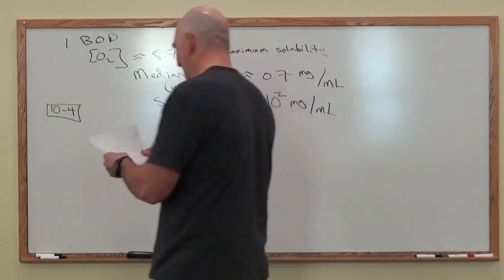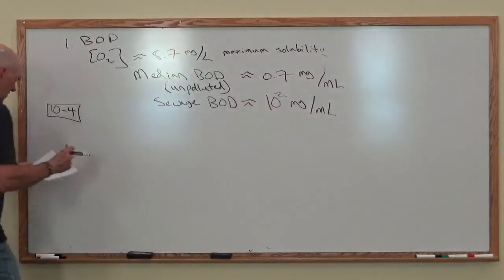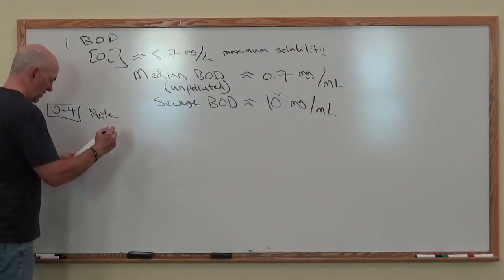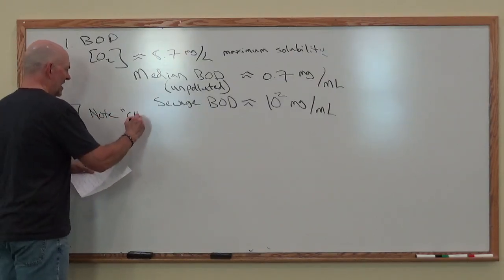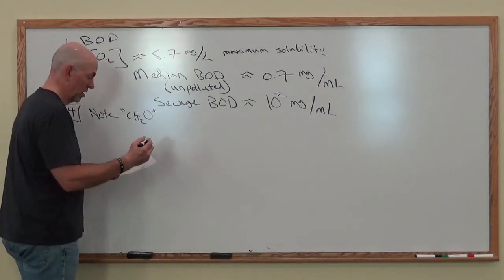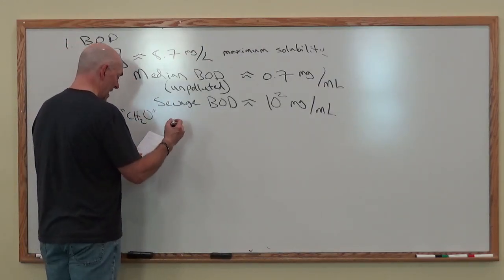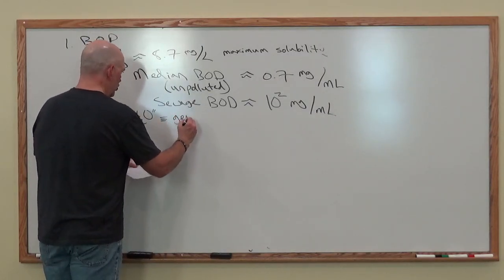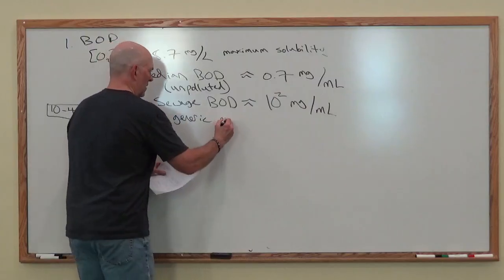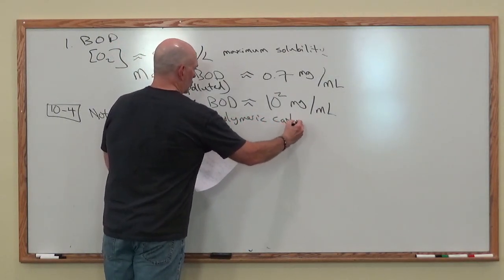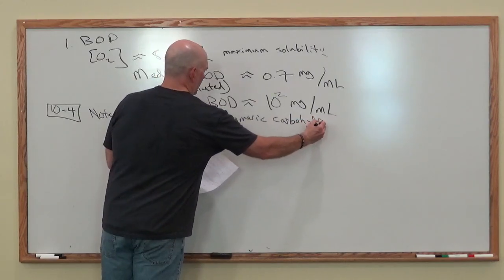CH2O, polymeric carbohydrate. So, why are we doing this? CH2O is a placeholder for basically organic matter. So, generic, polymeric carbohydrate.